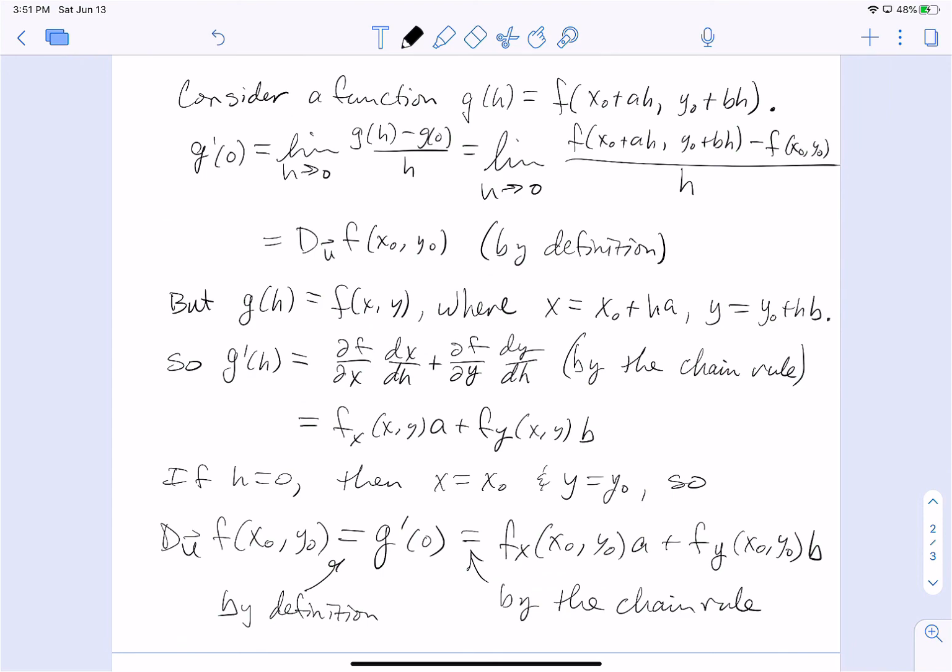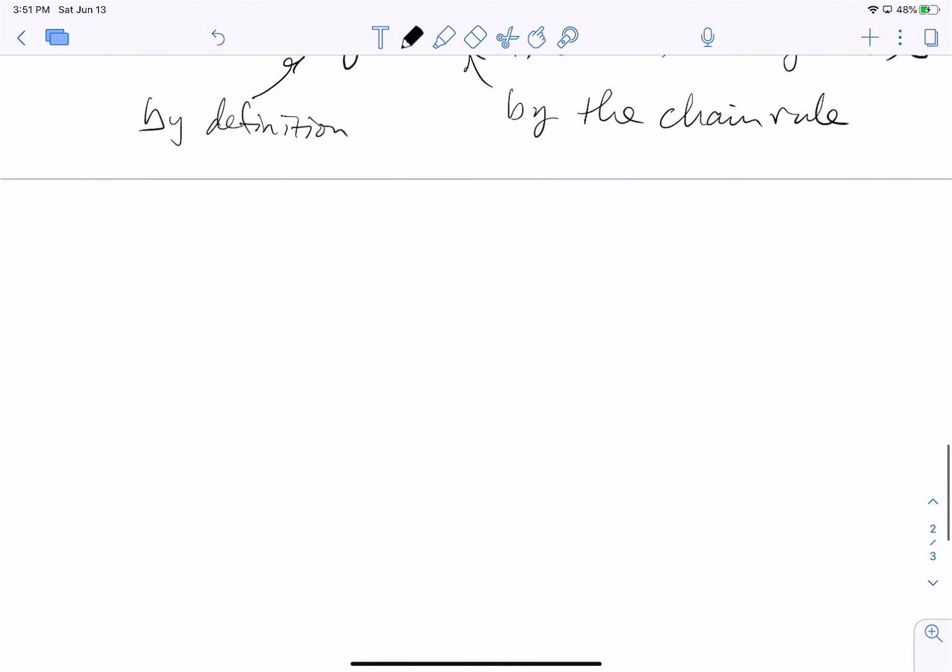This gives us a way to compute the directional derivative.